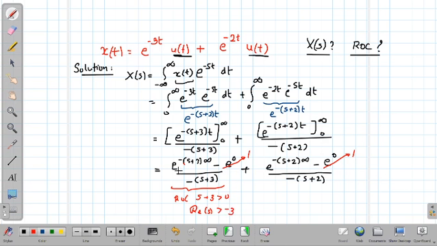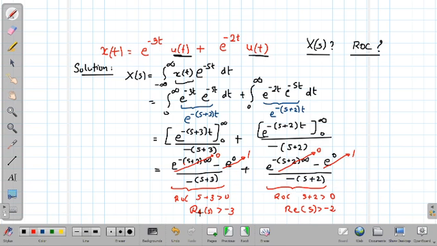In that case, the first term e raised to minus of s plus 3 into infinity goes to 0. Now coming to the second term, the region of convergence is s plus 2 greater than 0. If s plus 2 is greater than 0, then the term goes to 0 because it becomes e raised to minus infinity, and hence the region of convergence for the second term is real part of s greater than minus 2.